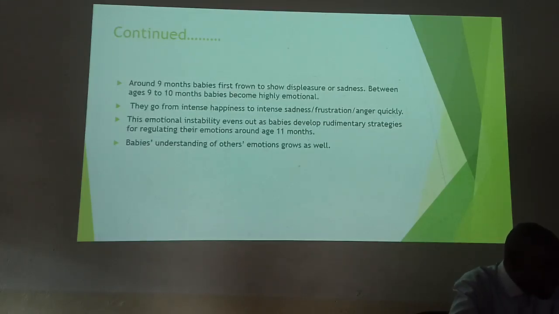Around 9 months, babies first begin to show disquiet, pressure, or sadness. Between ages 9 to 10 months, babies become highly emotional. They go from intense happiness to intense sadness, frustration, and anger, and quickly.